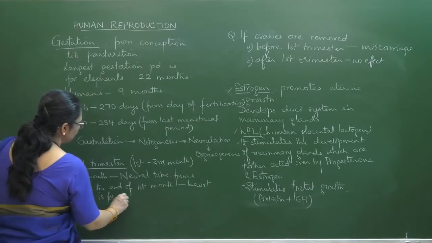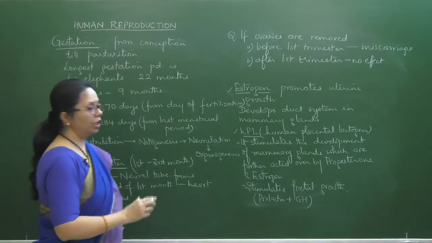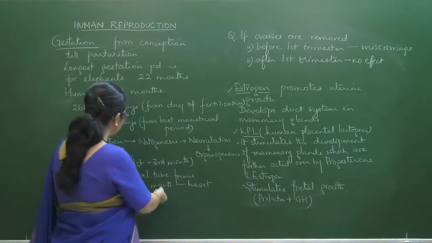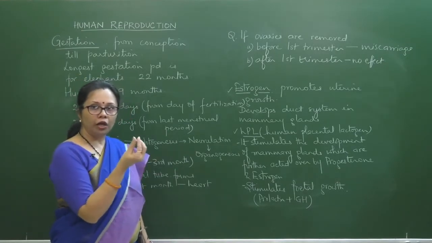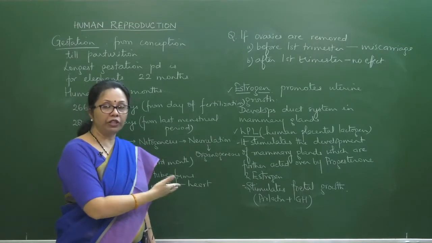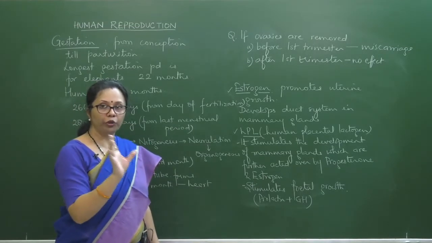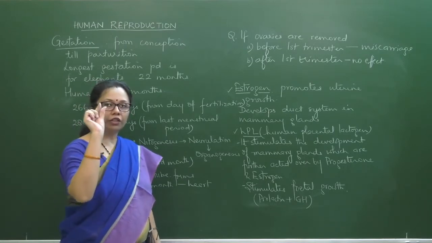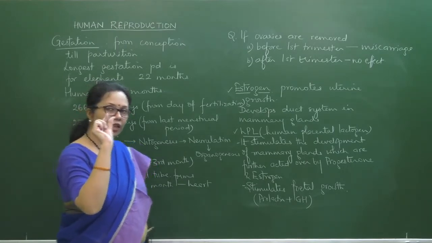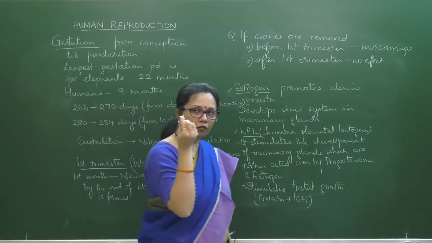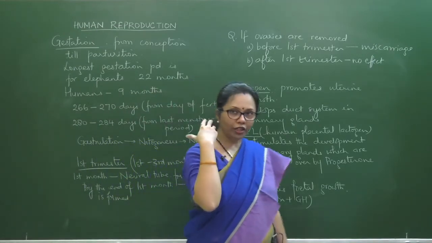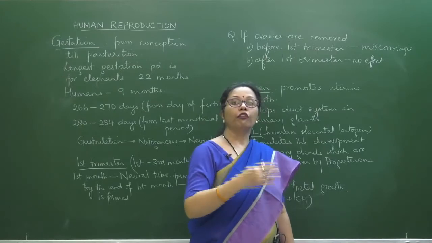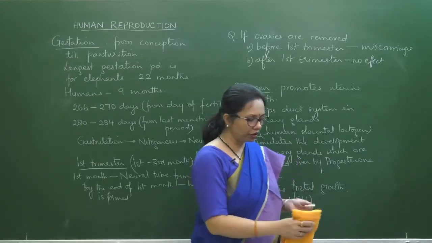And the fetal heart sounds by a special stethoscope to which amplifiers are attached, because at this time, at the end of first month, the fetus is not a fetus as yet. We won't use the term fetus, but embryo. Fetus after second month. So the embryo is hardly the size of a grape. For that size of a grape, you see what would be the size of the heart. So that cannot be heard just by a normal stethoscope. So there is a special one by which the fetal heart sound can be heard.